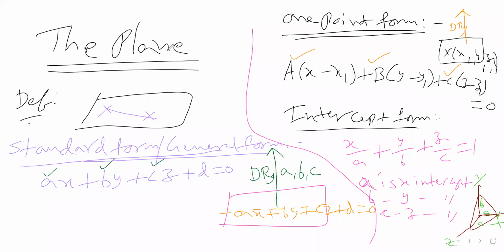The one point form is the plane equation with a given point; instead of capital A you can put anything else. The intercept form is x by small a plus y by small b plus z by small c. General form, one point form, intercept form.